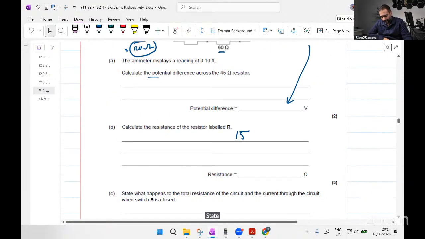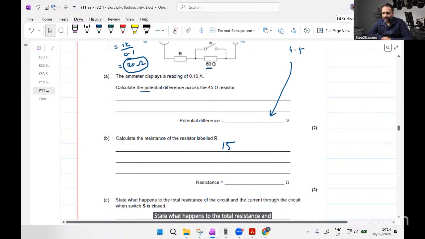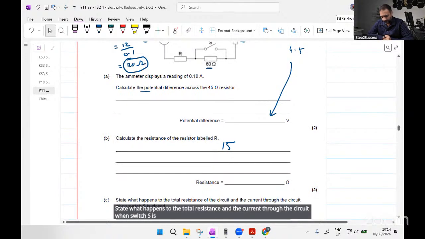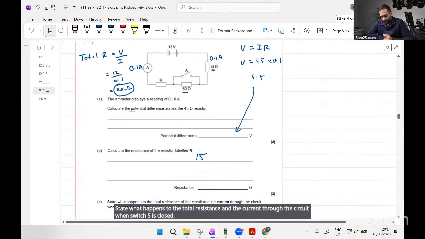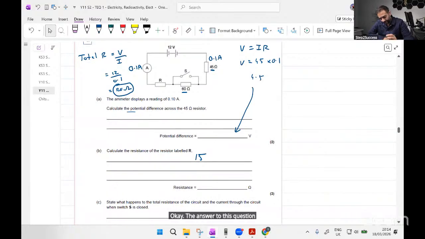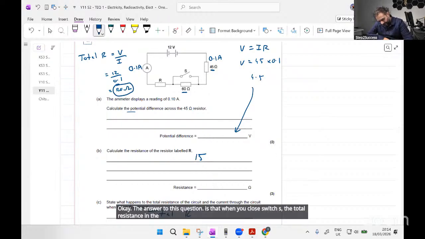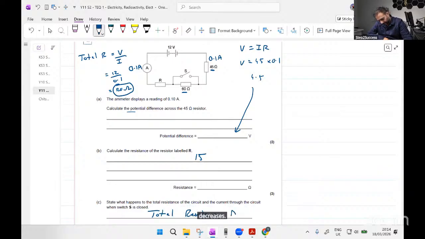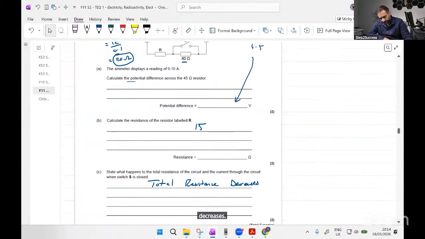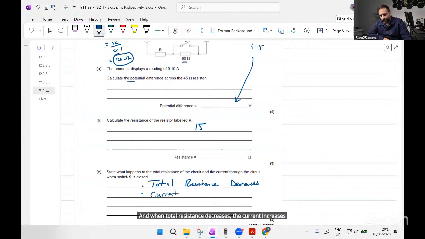State what happens to the total resistance and the current through the circuit when switch S is closed. The answer is that when you close switch S, the total resistance in the circuit decreases. And when total resistance decreases, the current increases.